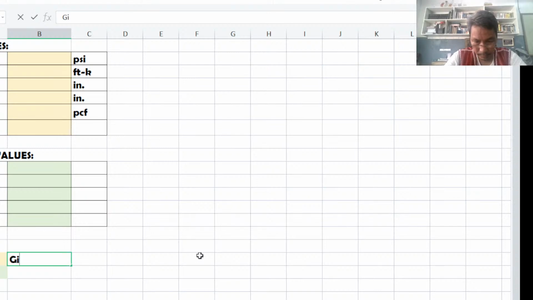So meaning given data, and this is required for us to be computed, the required result.